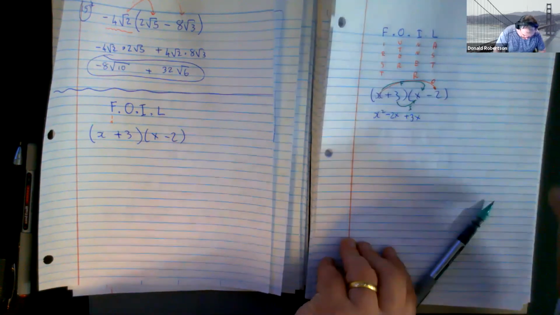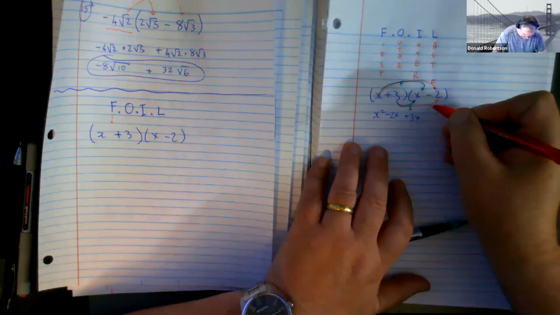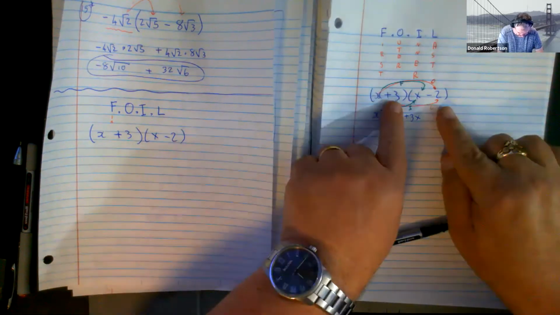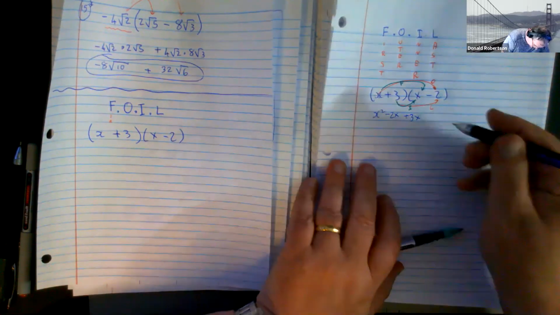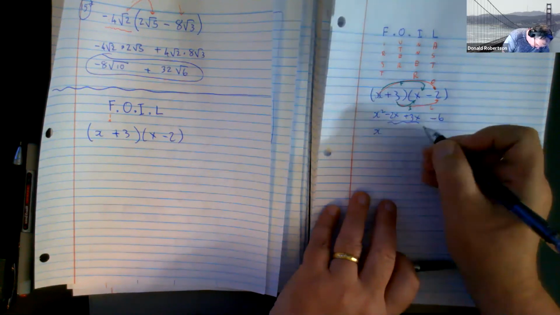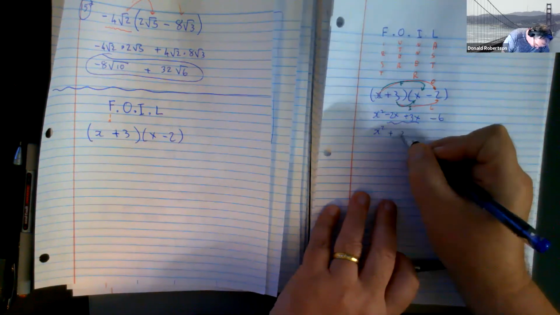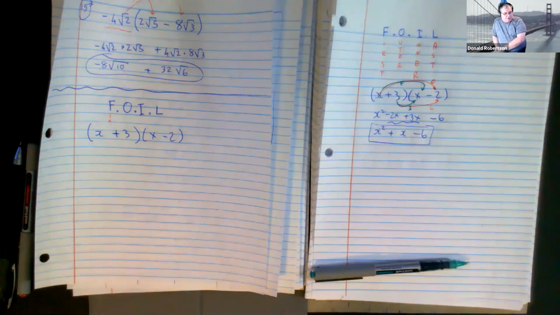And then last, these two guys, the last one in each, the plus 3 and the negative 2. In this particular one, these two combine to give me a plus x, and that would be our answer. That's how FOIL works, right? The first, the outer, the inner, and the last.